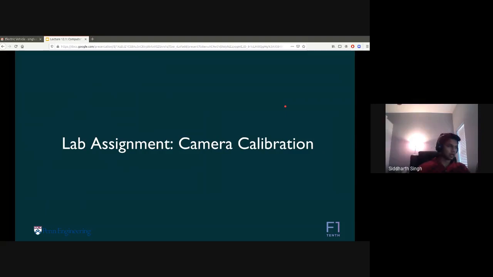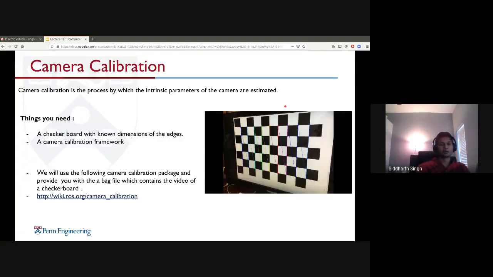Okay, so camera calibration is something that you do very first before you start using a camera. Essentially, there are intrinsic parameters of the camera that you need to calibrate, right? They're provided by the manufacturer to some extent, but even then, there might be some ambiguity. Like, if you dropped your camera, it shook a little, the lens distorted or shifted a little, it would change the intrinsic parameters.